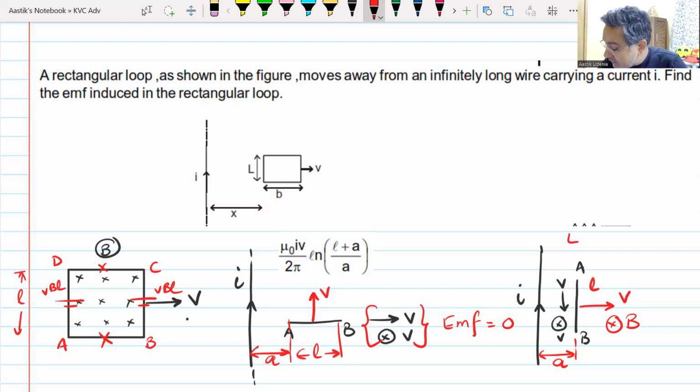And the EMF induced will be equal to VBL, where B is the magnetic field produced by an infinite wire. What will be the value of B?